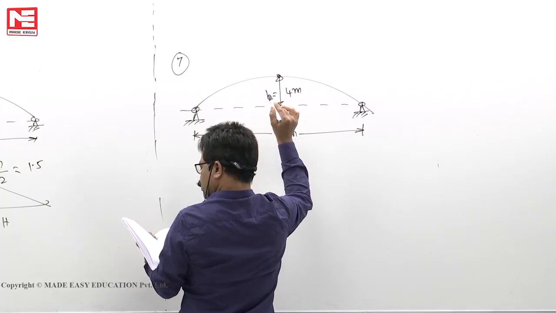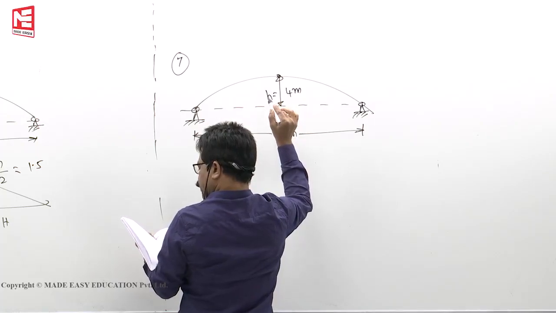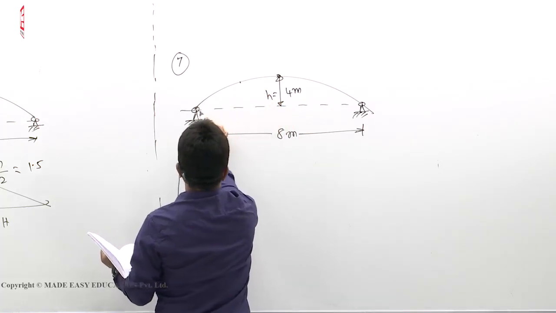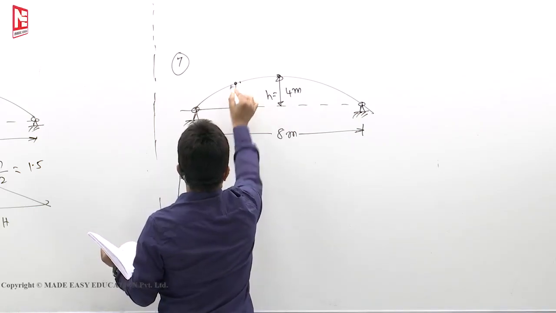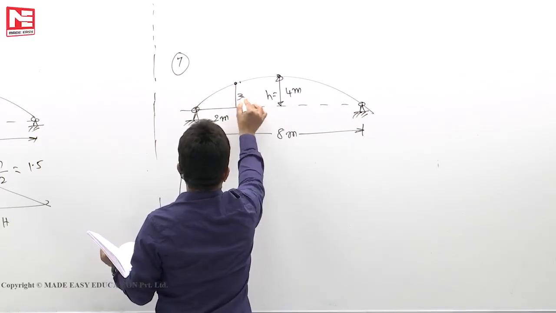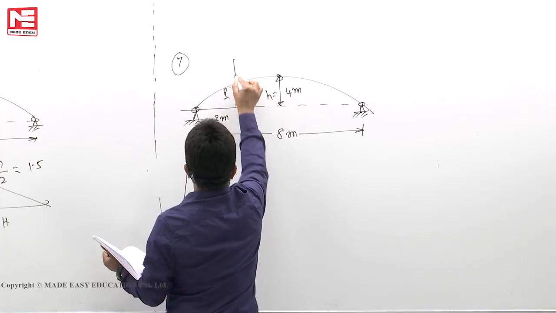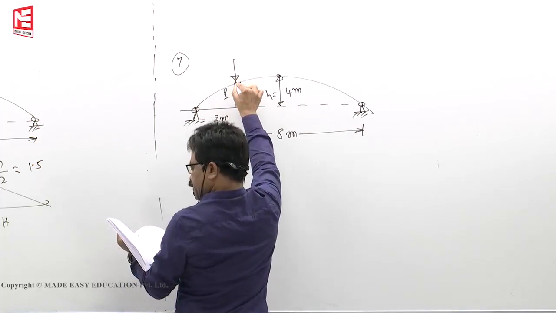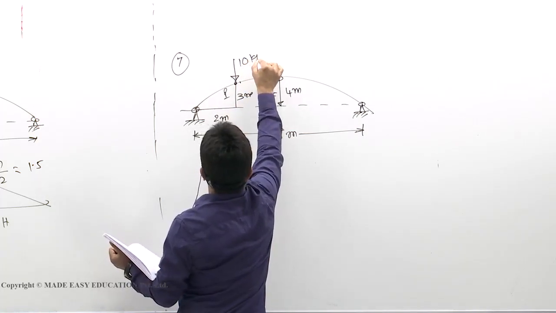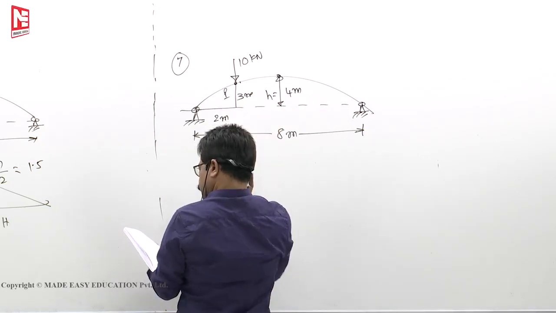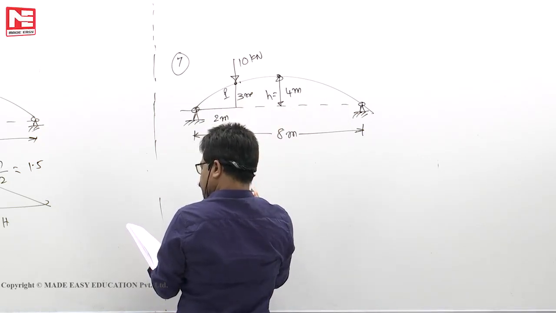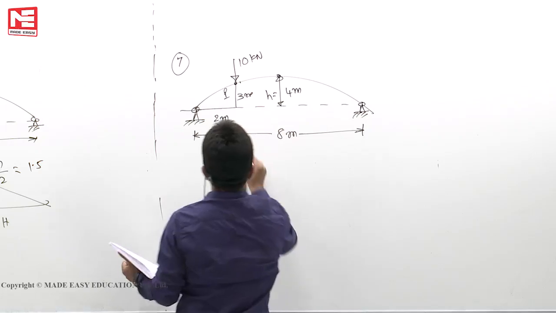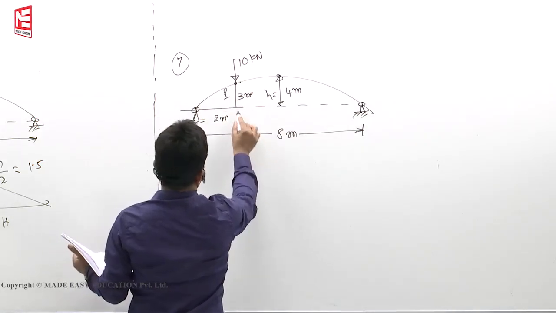It has a concentrated load of 10 kilonewton at a location P with coordinates 2, 3. This is 2 meters, this is 3 meters. This point is P, and at this point we have a load of 10 kilonewton. From the left hinge, what is the bending moment at P? So, this is 2 meters.